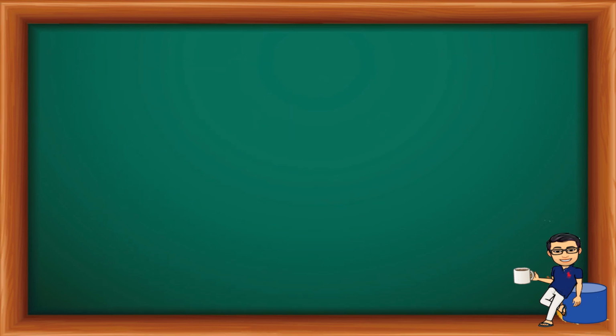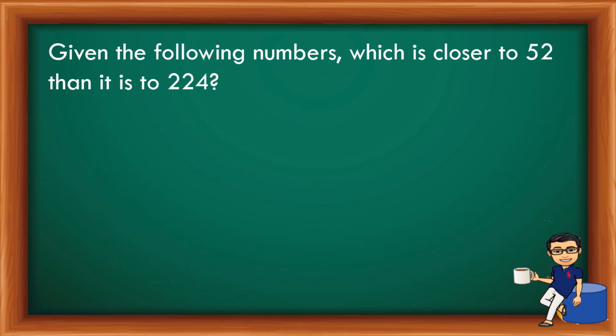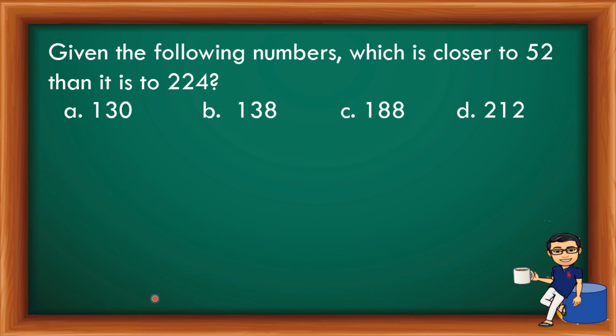How about this item? Given the following numbers, which is closer to 52 than it is to 224? Our choices: A, 130, B, 138, C, 188, and D, 212.